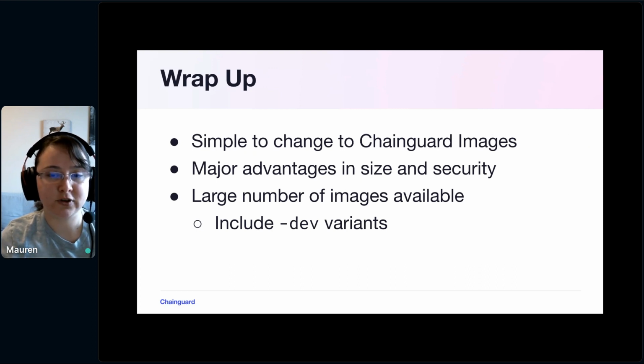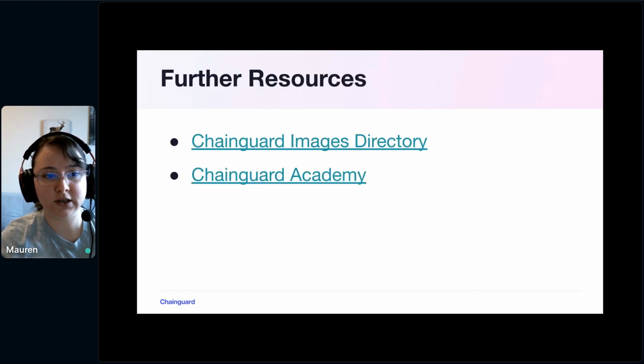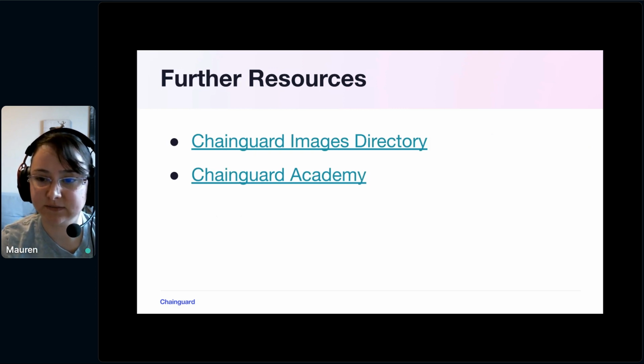Some further resources are the Chainguard images directory, and we also have the Chainguard Academy website, where you can find some educational resources on how to use images, some tutorials, and information on vulnerability comparison and specific images.